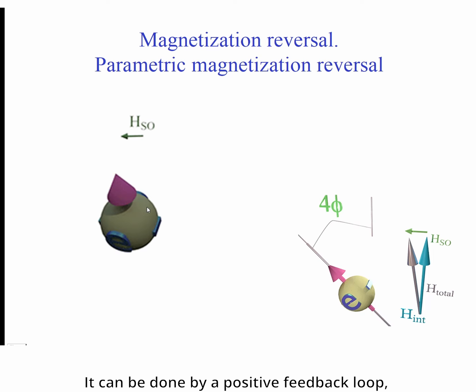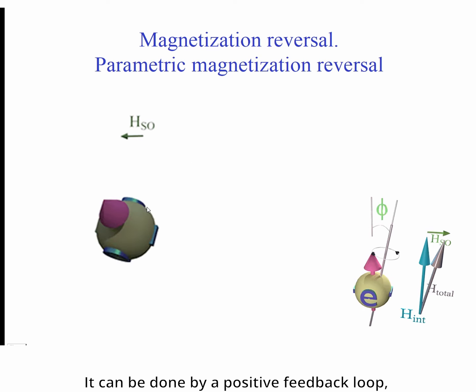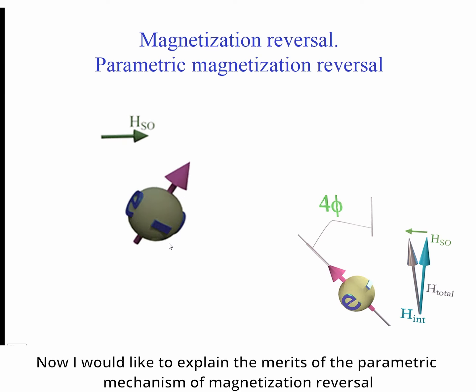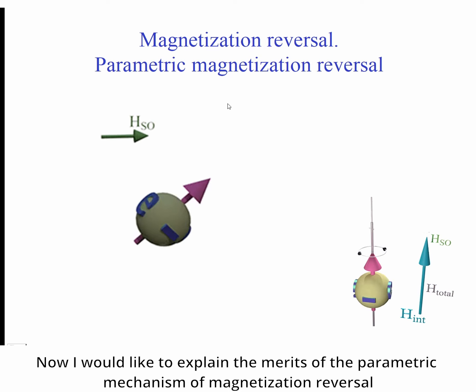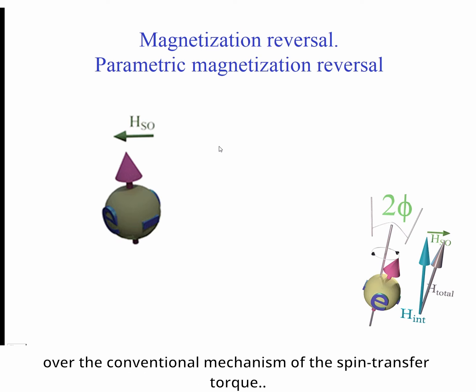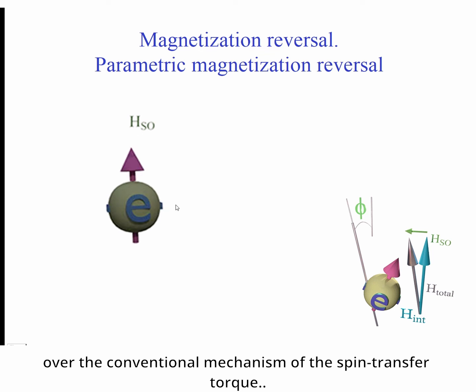It can be done by a positive feedback loop, about which I will talk in a later part of this video. Now, I would like to explain the merits of the parametric mechanism of the magnetization reversal over the conventional mechanism of the spin transfer torque.